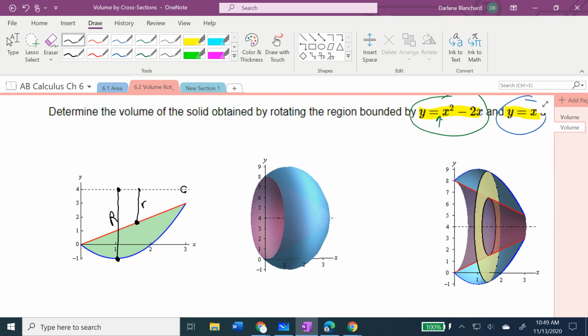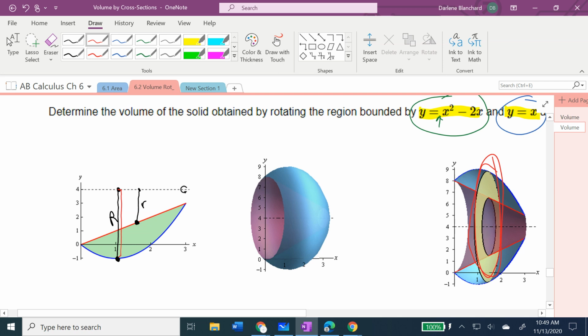Then identify, is this a dx or a dy situation? This one is dx, because what you want to see is these radii coming out perpendicular to a horizontal axis when they are rotating around.